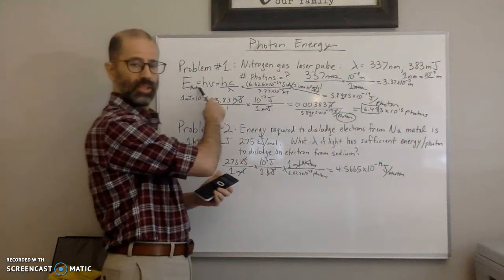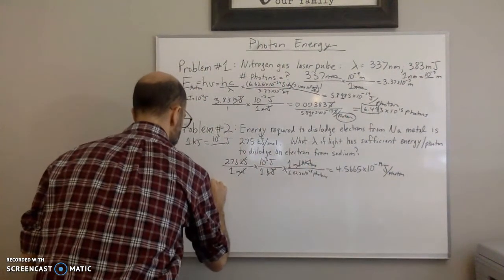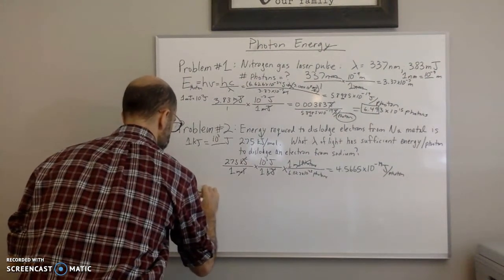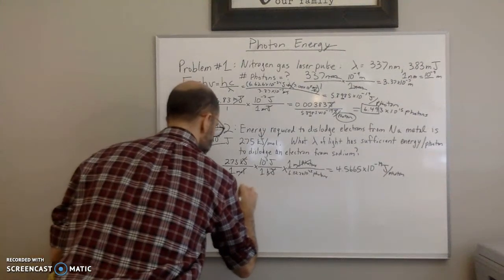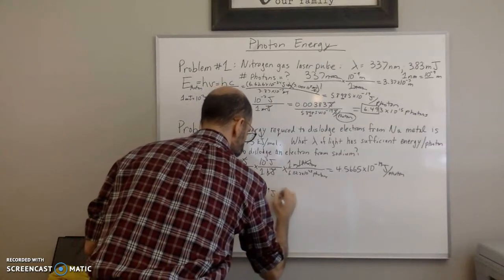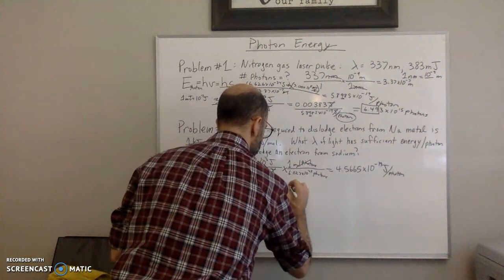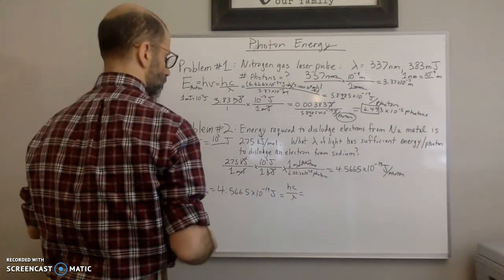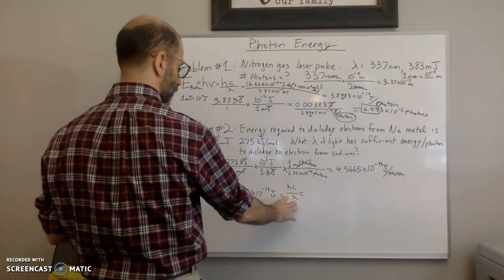Now we can use this equation here. So the energy per photon is equal to 4.5665 times 10 to the negative 19 joules. And that's going to be equal to hc over lambda, right? So hc over lambda. And then we want to solve for lambda.